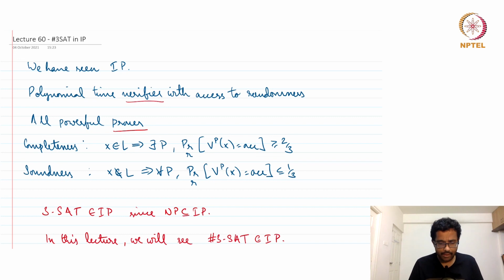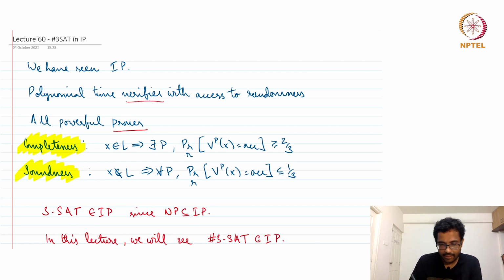So just to recap, completeness and soundness. Completeness corresponds to the situation where x is in the language. Then there should exist a prover that can convince the verifier to accept with probability at least 2/3. And soundness is when x is not in the language. No matter what the prover tries to do, no matter which prover shows up, they should not be able to convince the verifier to accept the string beyond a probability 1/3.